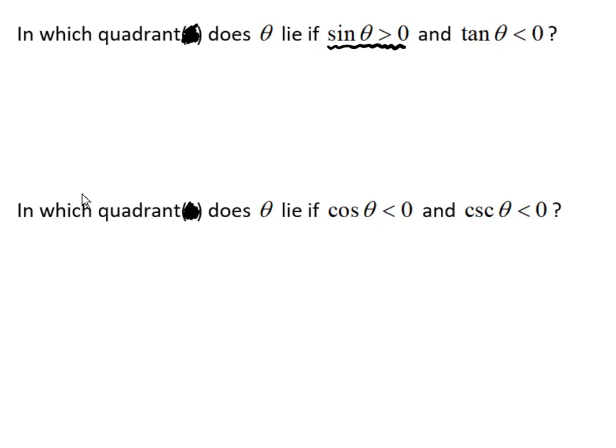Positive numbers. Here it's telling me the sine of my angle is positive. Likewise, what kind of numbers are less than 0? Negative numbers. Here it's telling me that the tangent of this angle is negative.